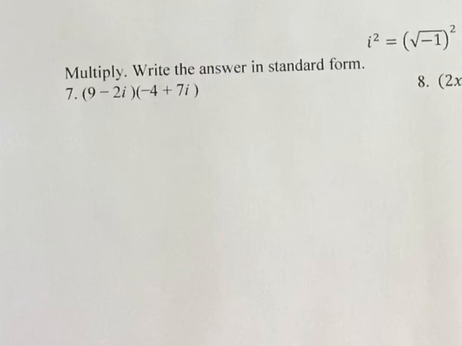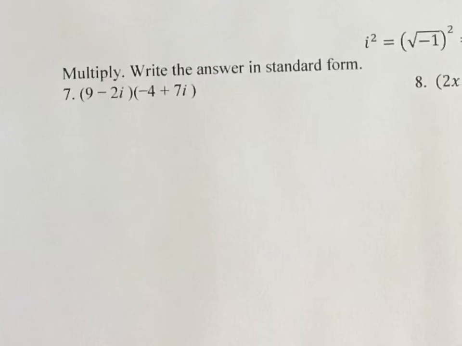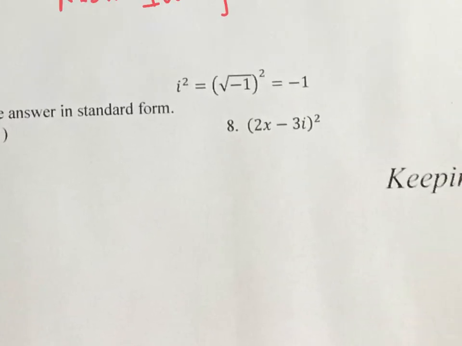Now, the only thing that you need to really understand before we start multiplying is this concept over here, that i squared is equal to negative 1. And honestly, if you want to cut out the middleman and just have i squared equals negative 1, that's the big idea, okay?